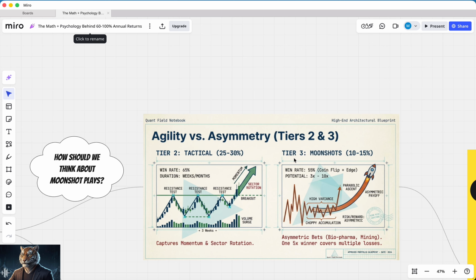And then lastly, moonshot. So we talked about it briefly just a few seconds ago. The idea is pretty straightforward. Over the years, we learned that including moonshots had extremely positive acceleration impact on our portfolio. Taking some of those asymmetric bets in biopharma, mining, some of the crypto stocks gave us a very interesting impact.